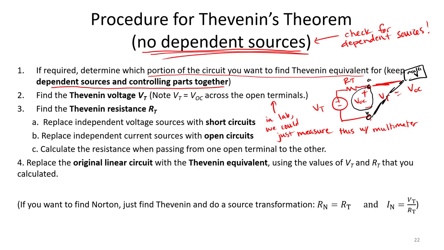Once we find the Thevenin voltage, we next need to find the Thevenin resistance. Once again, if we were in the lab, how we would do this is we would turn off the independent sources and then use an ohmmeter, or just use a multimeter to measure resistance across the terminals.